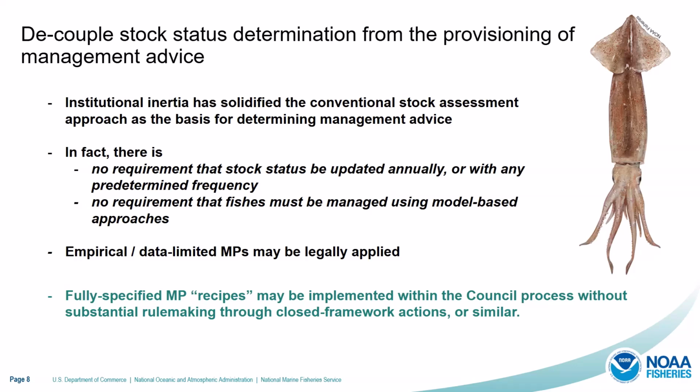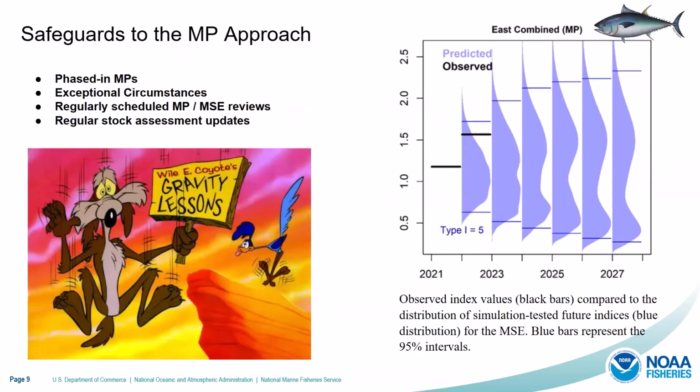But essentially, if we have fully specified management procedures as recipes that can be automated, they can be implemented as closed framework actions or something similar. So this is something that can legally be applied within our council framework.